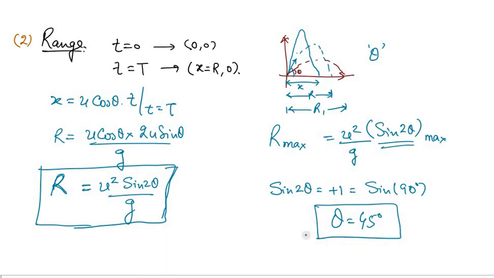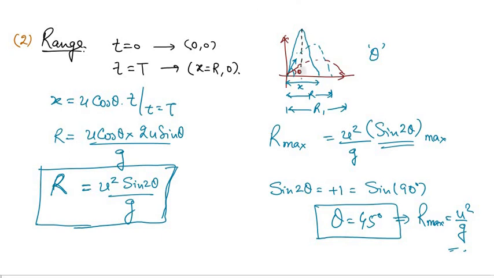So for theta equal to 45 degrees, your range is maximum, and this is equal to u square by g. So you should also remember these, because we will use them frequently: the range, maximum range, time of flight, and this type of concepts.